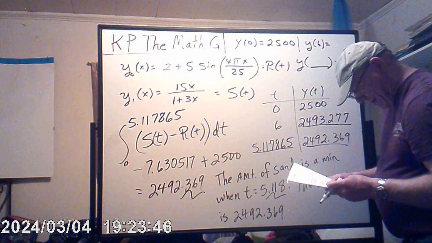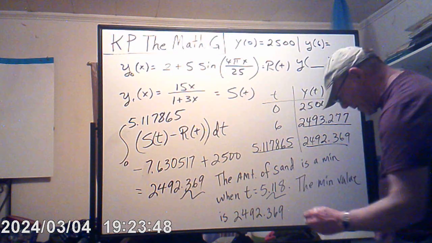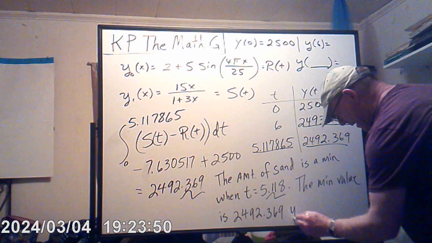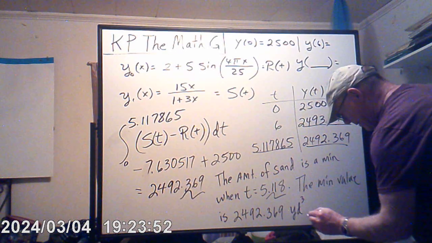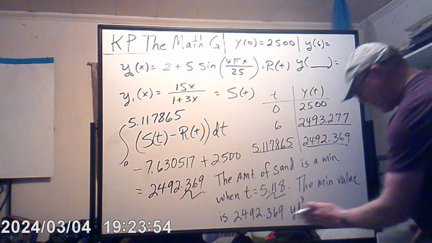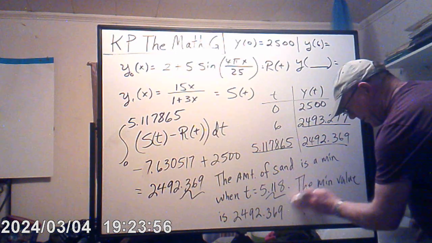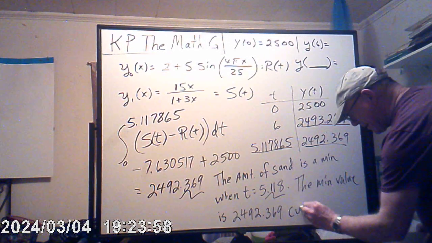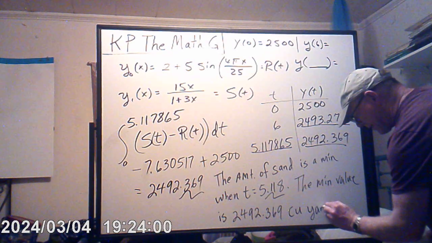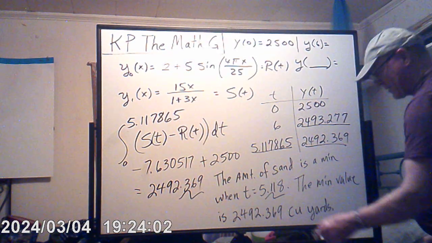I want to say that's going to be in cubic yards, yeah. And cubic yards, there it is. Or you can just simply write CU, either way, cubic yards. And that's what you're talking about.